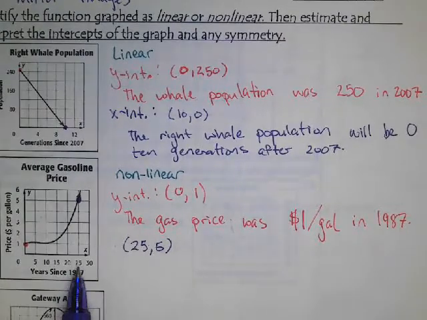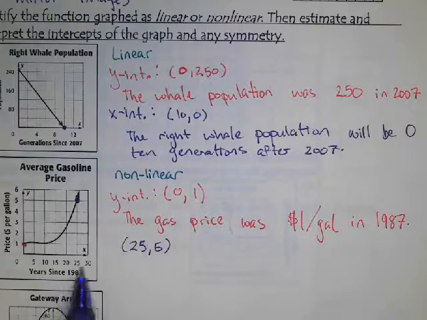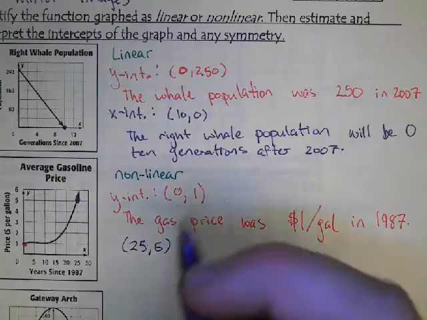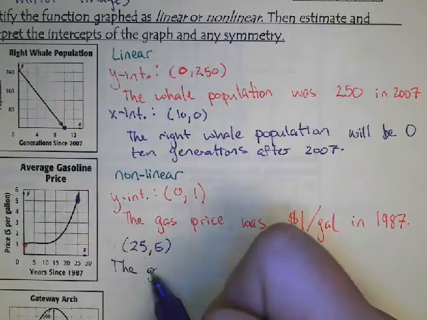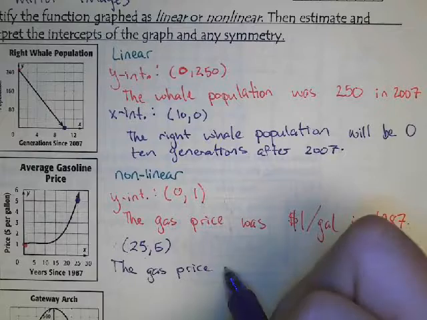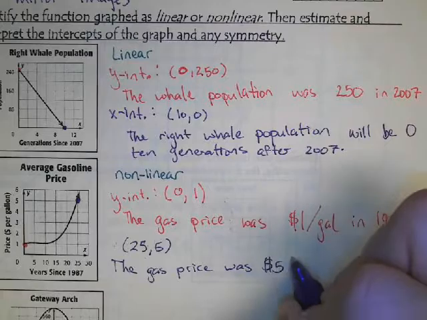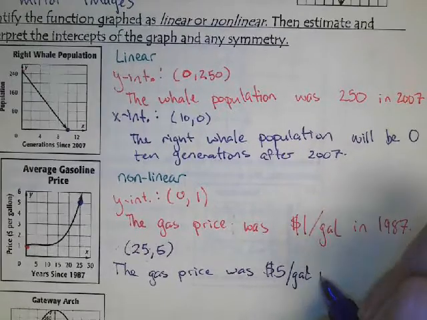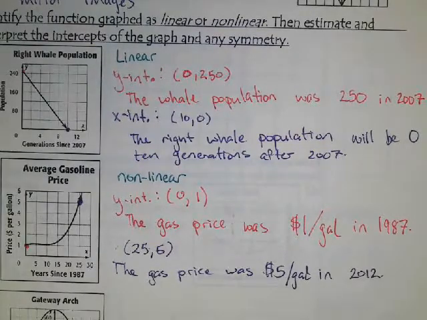Well, this is 25 years since 1987. So we'd add 25 to 1987, we'd get 2012, and then we know the price is 5. So we would say the gas price was $5 per gallon in 2012. That's how we'd interpret this graph.